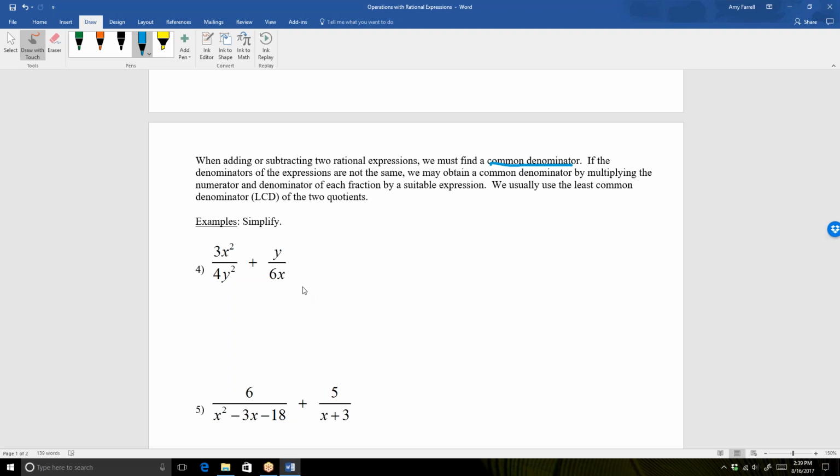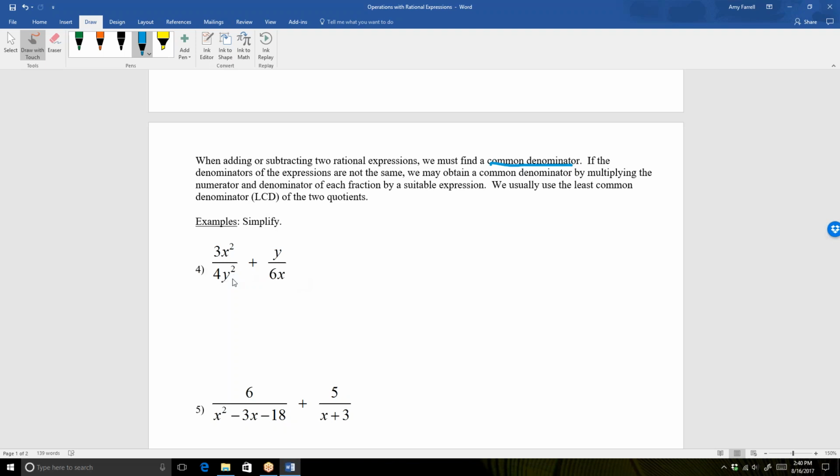So since our rational expressions are really just fractions with polynomials, we're going to need a common denominator. I'm going to go for the least common denominator when I add and subtract. You don't technically have to use the least common denominator, but it's going to be a lot easier. There'll be less simplifying when you're done.